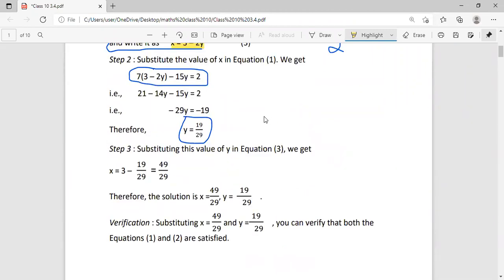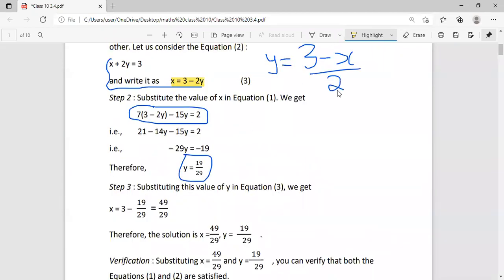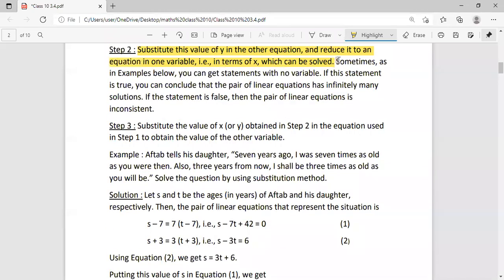Similarly, in the converse also, you can write it as y and you will find x. That's also possible. Sometimes, as in some examples we will see below, we will get some statements with no variable at all. You will come across all this. At that time I will explain it further.